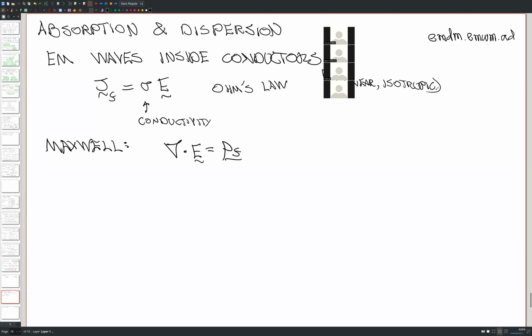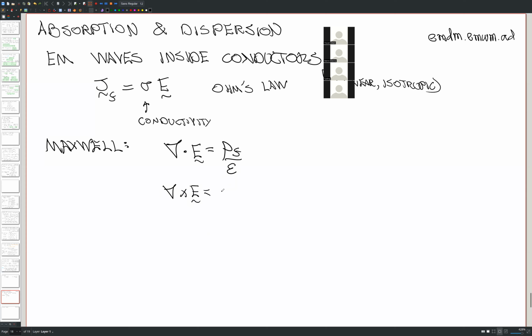Magnetization is proportional to B or to H, said otherwise. So we can just use straight Maxwell's equations in matter. Here I put just the epsilon characterizing this, so this is the permittivity of that medium.